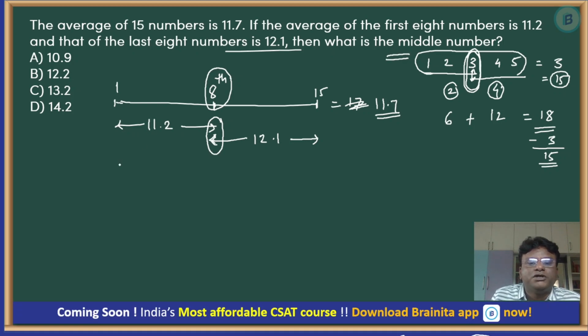First I find the sum of the first 8 numbers, which is 11.2 into 8, and the last 8 numbers, which is 12.1 into 8. And the overall average I also know, which is 11.7. So this plus this should be 11.7 into 15 minus the middle number.